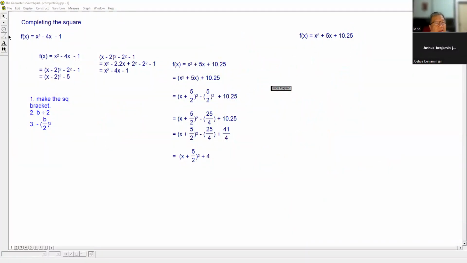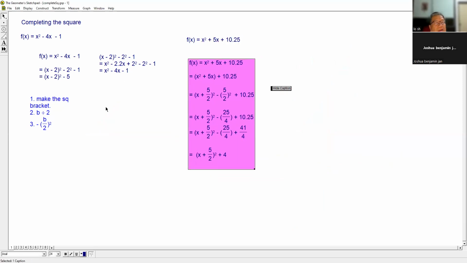Now, if you compare these two questions, this is x squared minus 4x, and this is x squared plus 5x. What is the difference between minus 4 and positive 5? When you have negative 4, what is inside the bracket is negative.